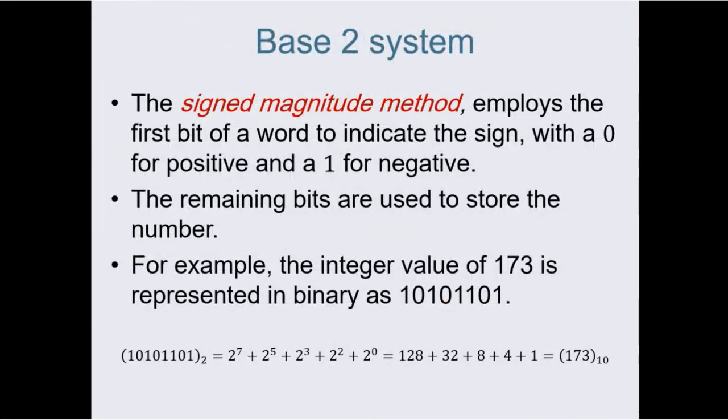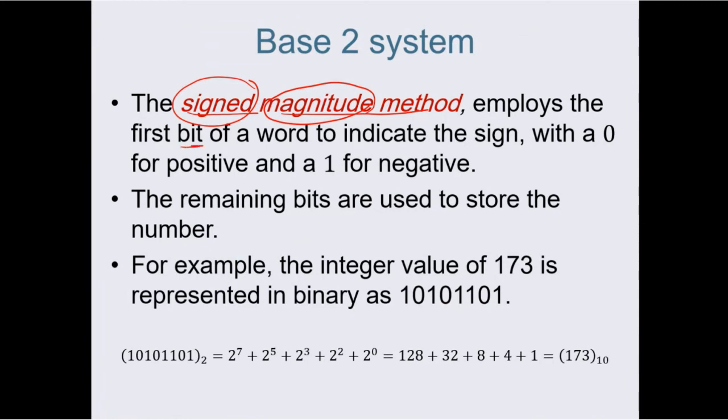The method that is used to store numbers in the computer is called the signed magnitude method, because a number could be positive or negative. Therefore, we have to have a sign, and of course the number has some value, some magnitude, so it's called the sign magnitude method.